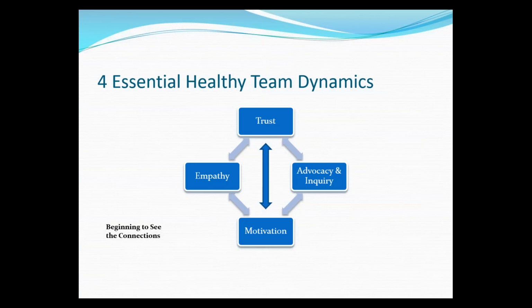The way the 4 essential healthy team dynamics work, as far as I'm thinking now for this presentation, is that they all work together. It begins with trust, but the others, empathy and advocacy and motivation, are all part of a system that keeps your team operating well, and the critical relationship is actually between trust and motivation.